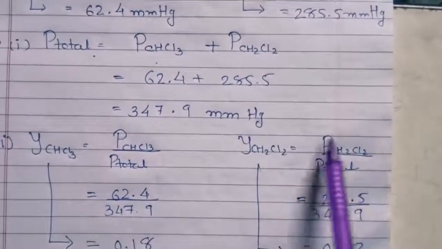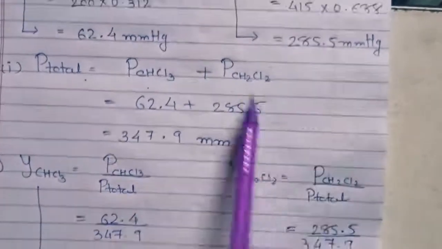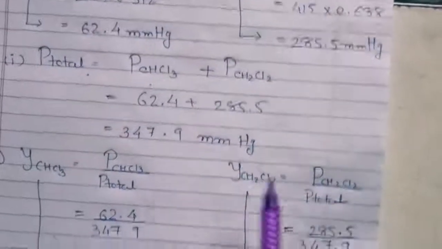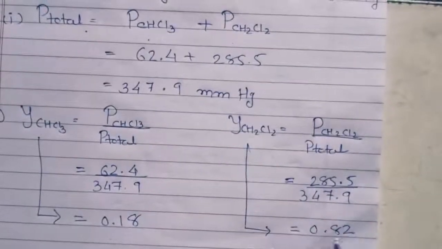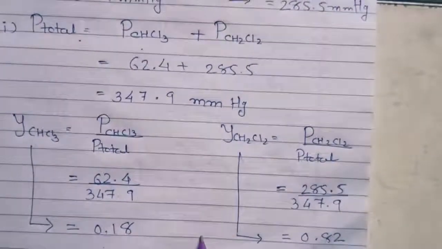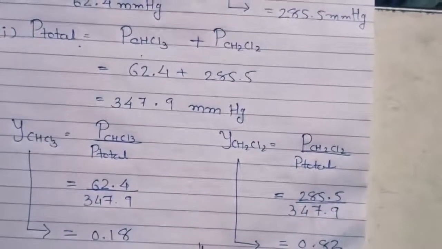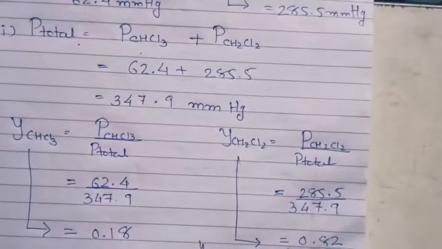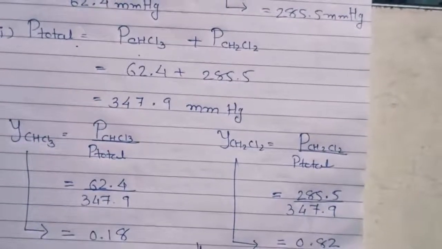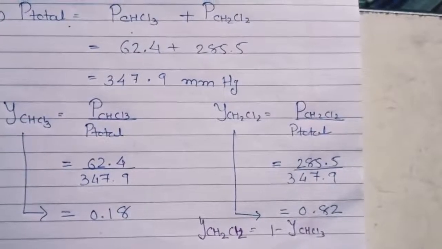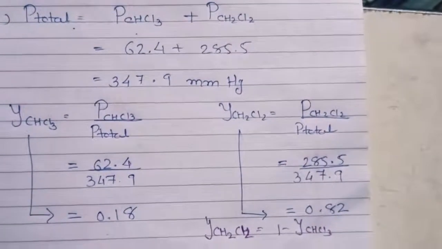Pressure from CH2Cl2 and P total. This is the pressure from the CH2Cl2 and this is the P total. Replace the values, you will get 0.82, or you can easily find out that mole fraction of CH2Cl2 equals 1 minus mole fraction of CHCl3, right? So in this way we can find out mole fraction in vapor phase.